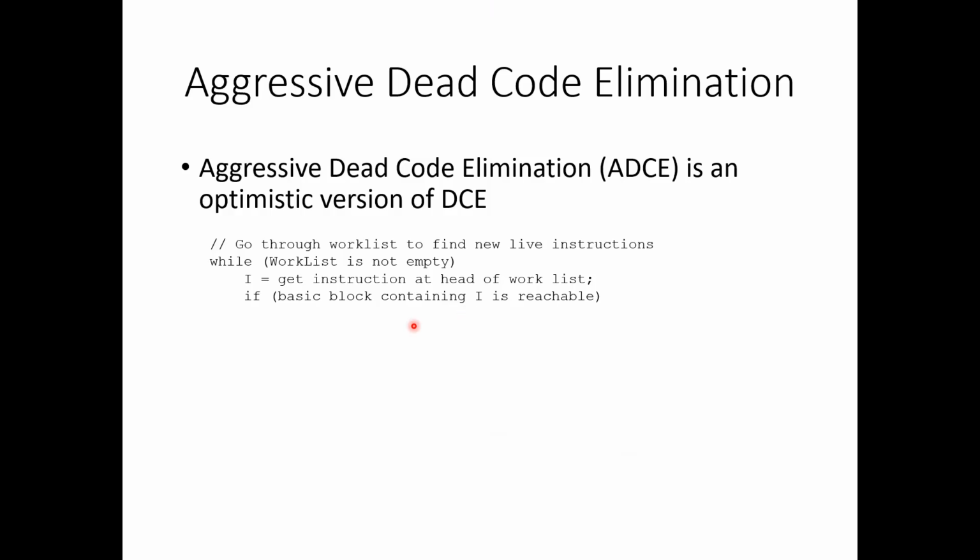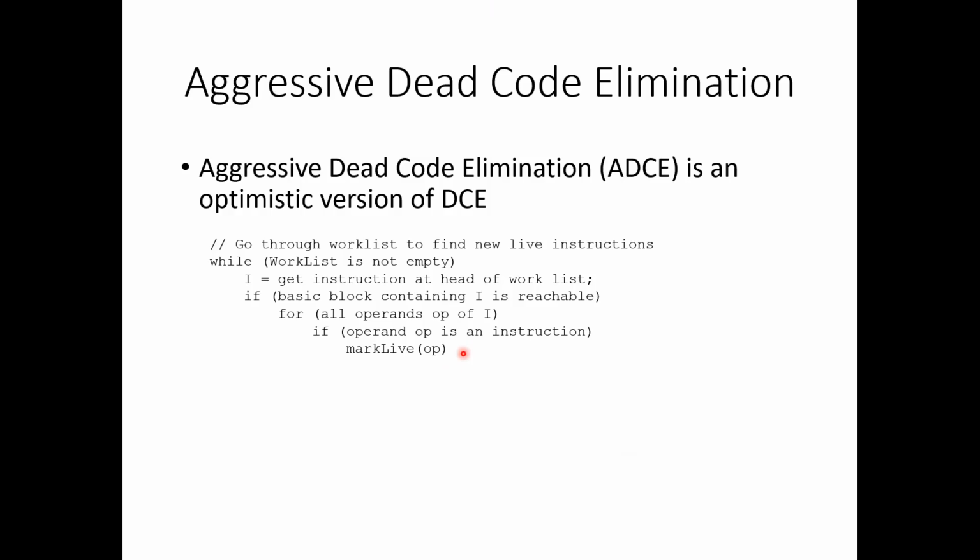So if the basic block containing the instruction I is reachable, then we go through all the operands of instruction I. The operand could be a constant, or it could be defined by another instruction. If the operand comes from another instruction, then we will mark that operand as live.